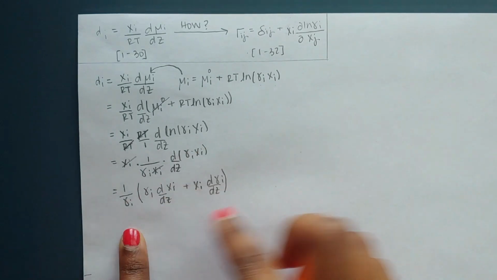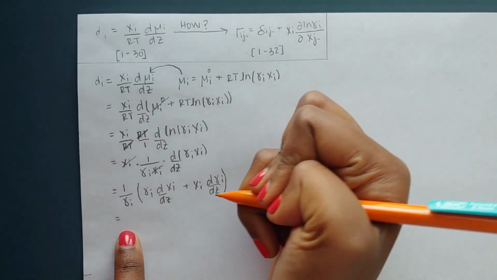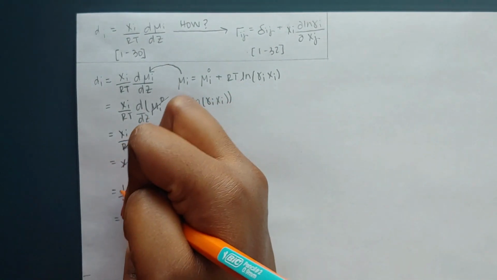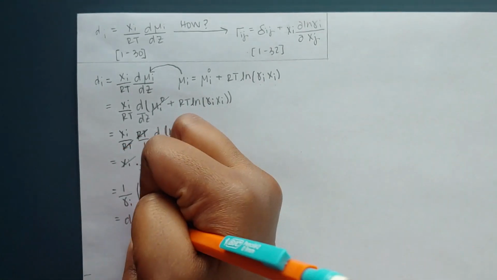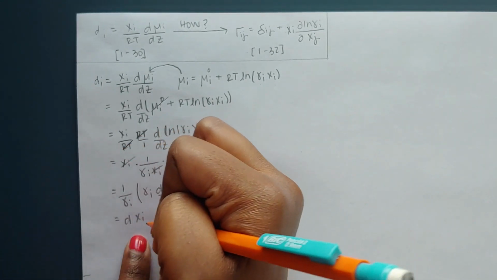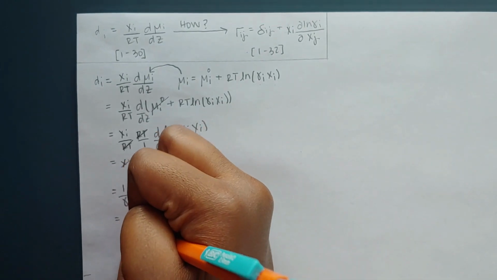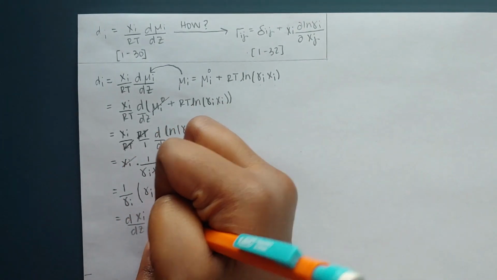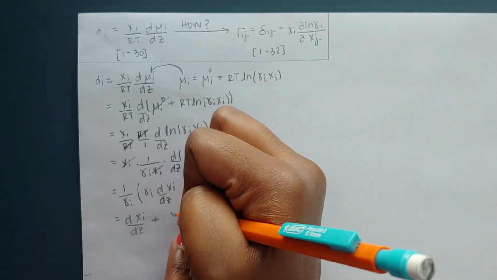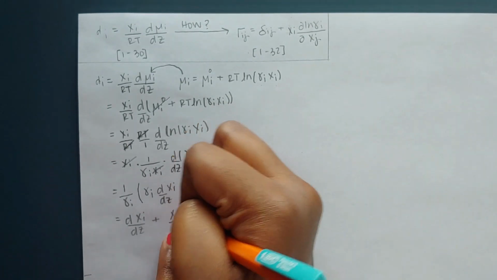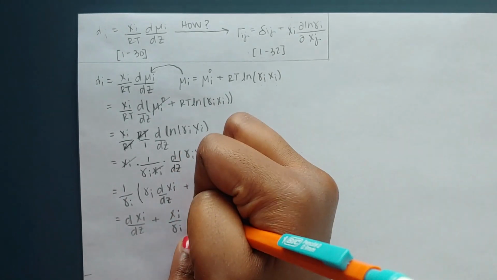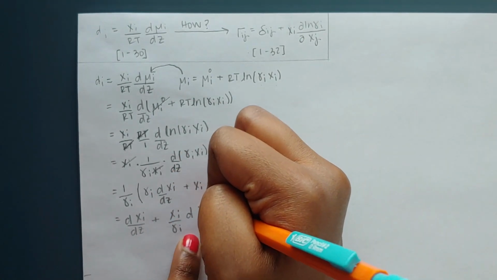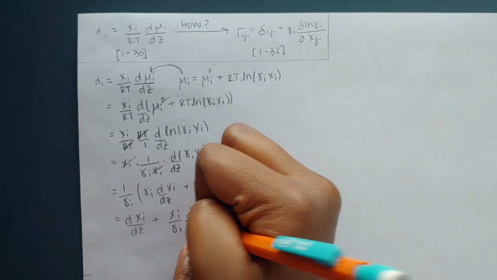So I'm going to write this out just so it looks simpler. When you multiply the 1 over gamma i, we have the derivative of our mole fraction in terms of dz, added to xi over gamma i times the derivative of gamma i over dz.